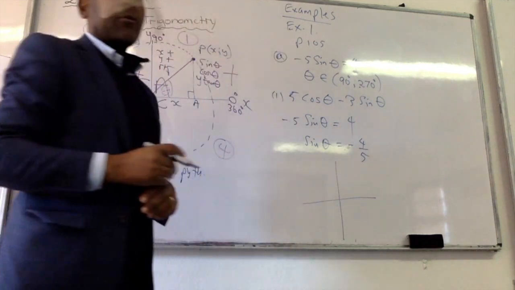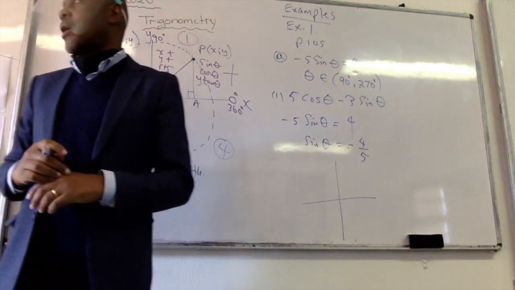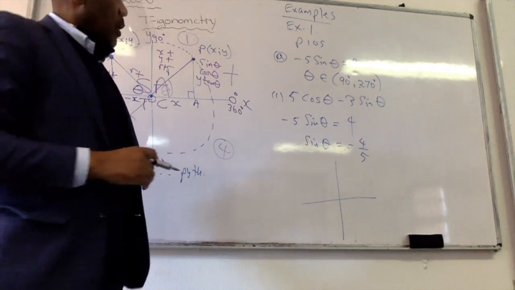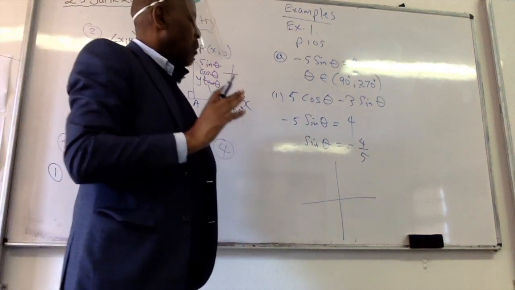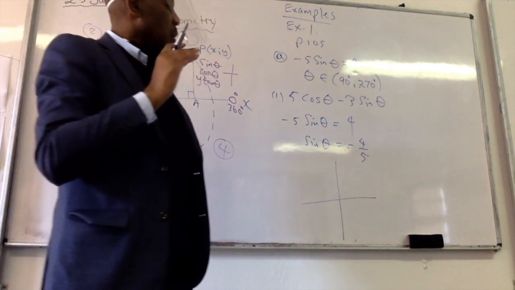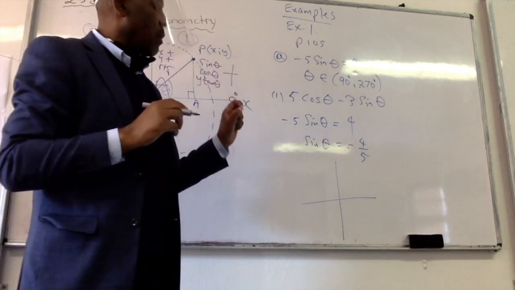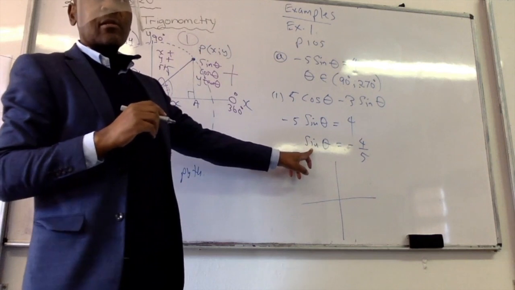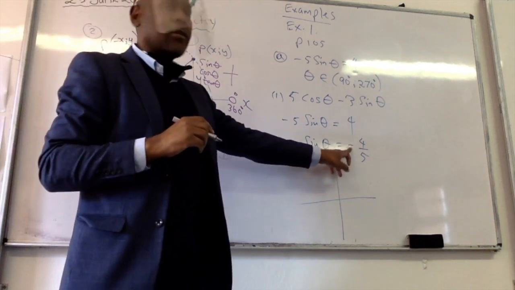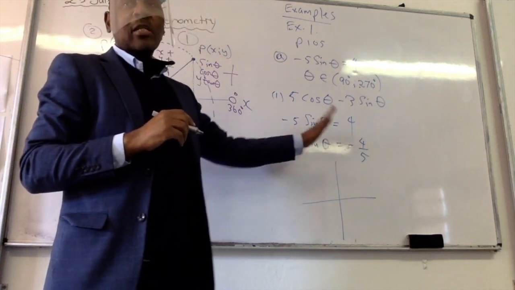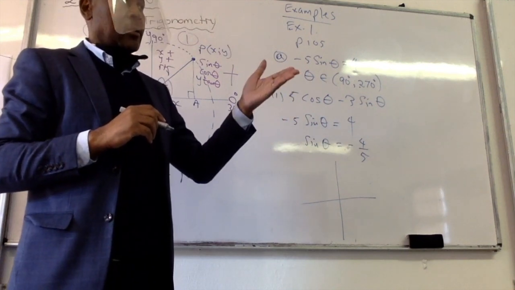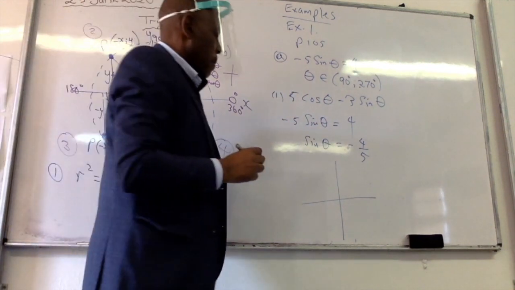Right. And then think of a diagram now, the ASTC diagram or the CAST diagram, and ask yourself, where is angle theta? We need the position of angle theta so that the sine of theta is a negative number. So where is sine negative? Yes, the third quadrant.